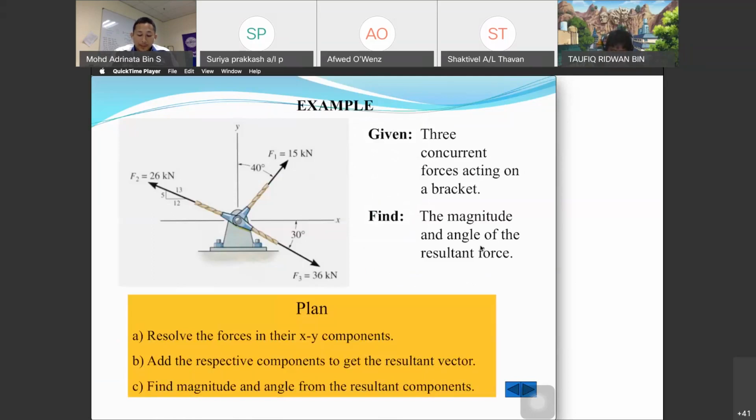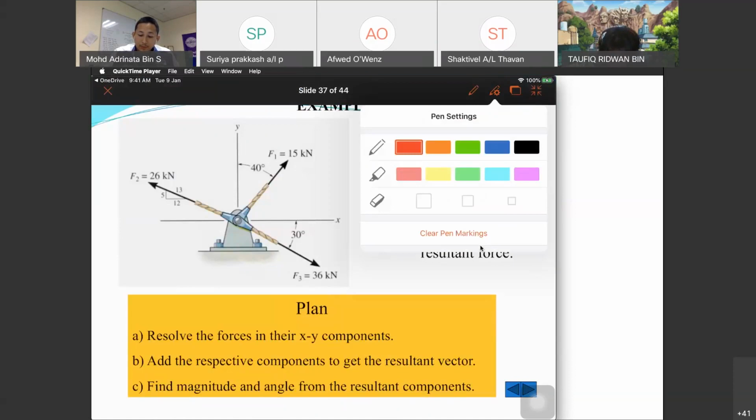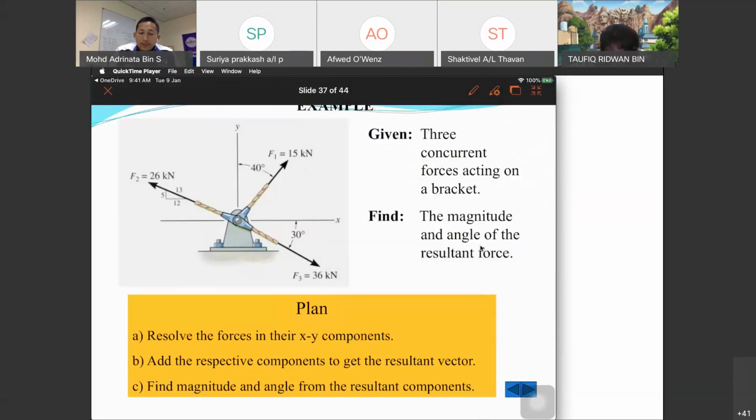For scalar notation, we have F1, F2, and F3. So we're going to break it into 6 components, 3 x and also 3 y. For the first one, F1 is 15 kilonewton, at 40 degrees.